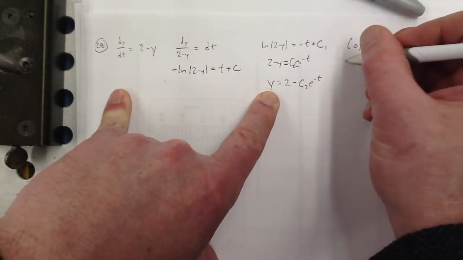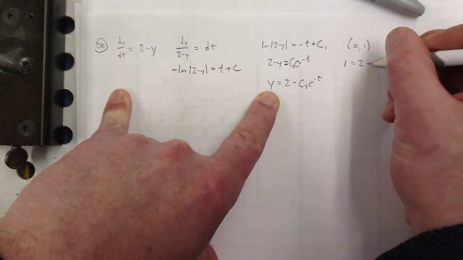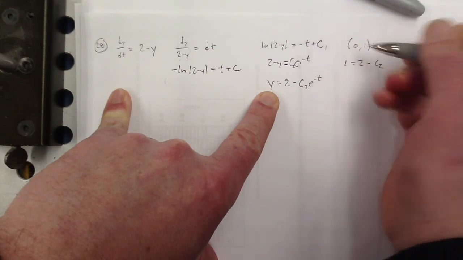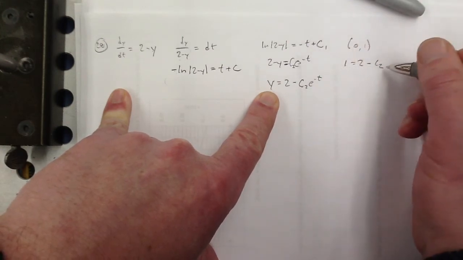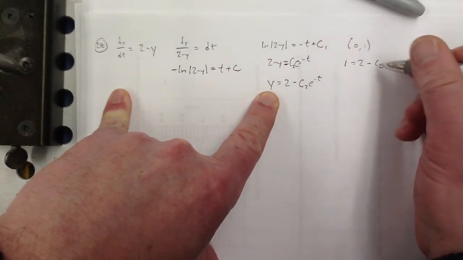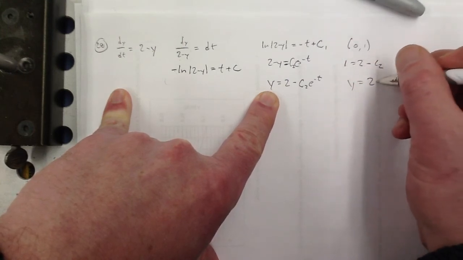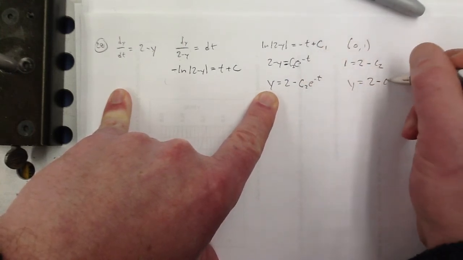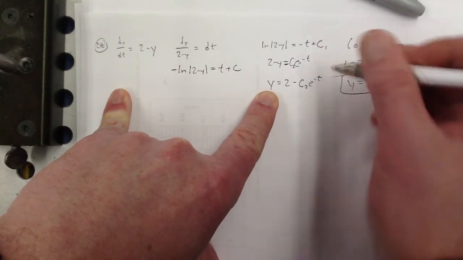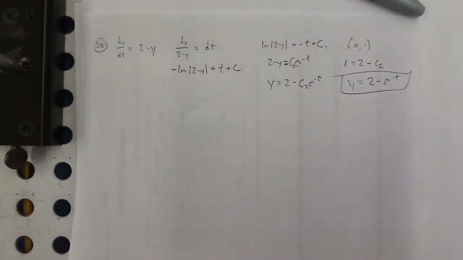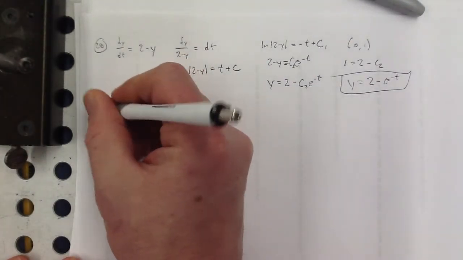So when y is 1, 2 minus c, and then e to the 0 is just 1 again, so it looks like c is going to be equal to 1. So y equals 2 minus, that's just 1. Looks like we have that. Let's check that, make sure that we're good. Yep.